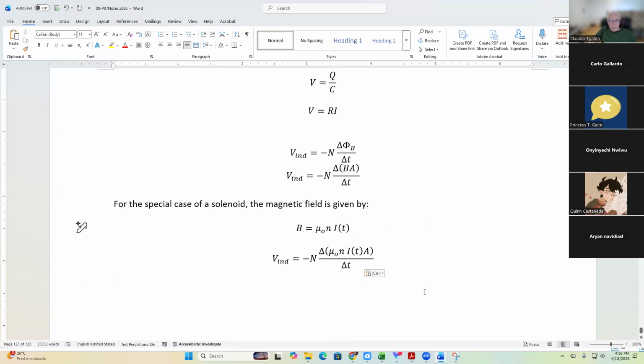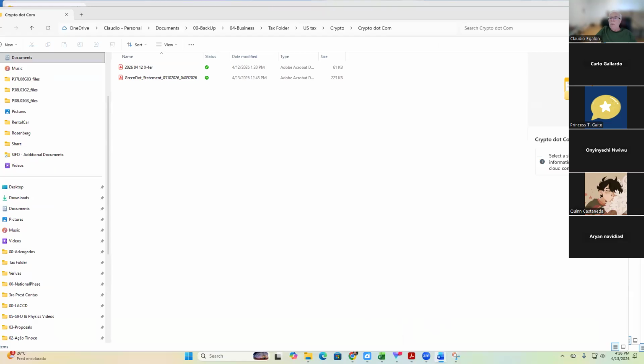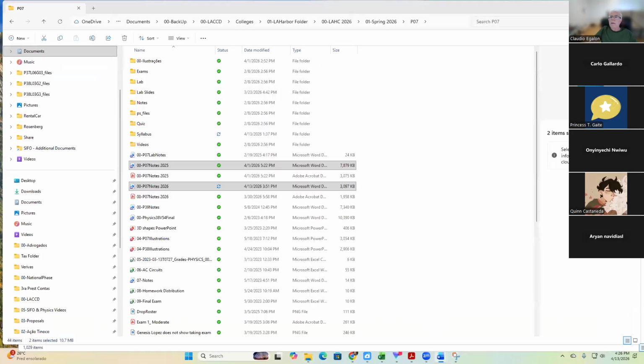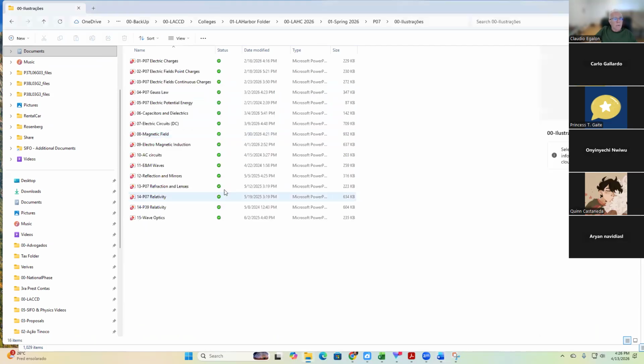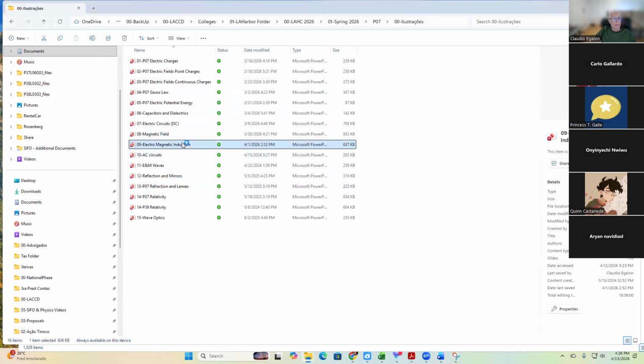What am I doing here is the following. It's better if I illustrate that for you. Let me get illustrations. Electromagnetic induction.